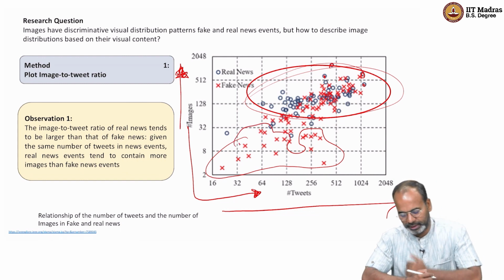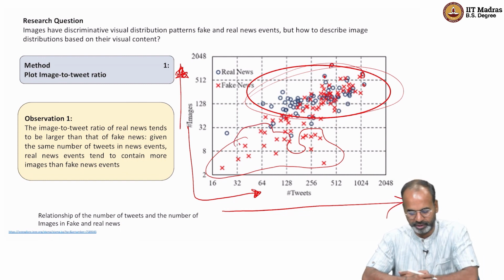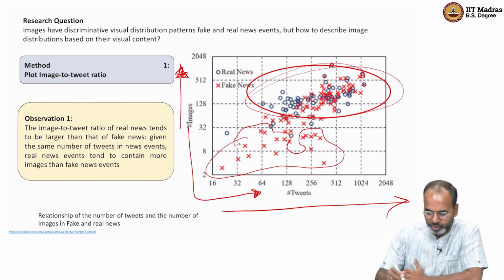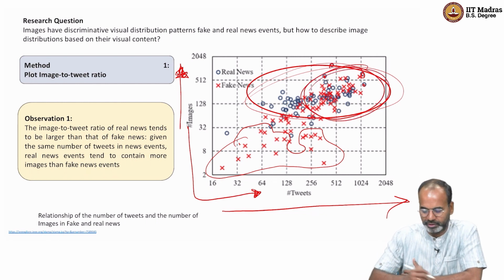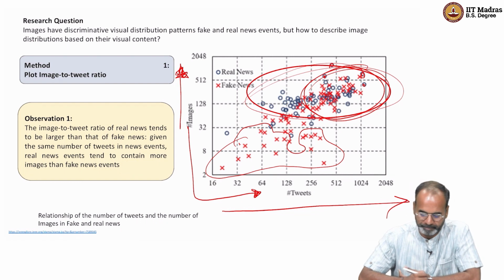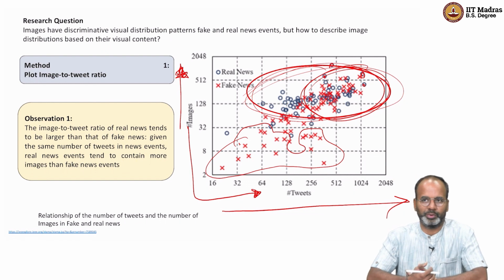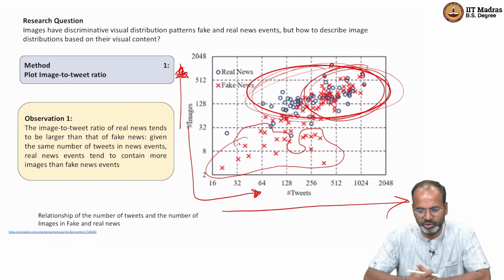Lots of fake news has the ratio of images per tweet being lower. The ratio of images per tweet is much higher over here, and generally over here also. So that's what you want to keep in mind: for the number of images posted for a particular event, real news has the ratio being more.